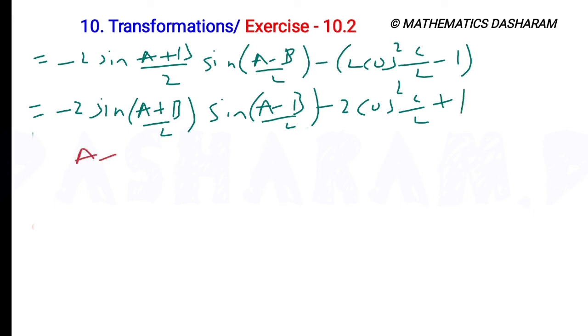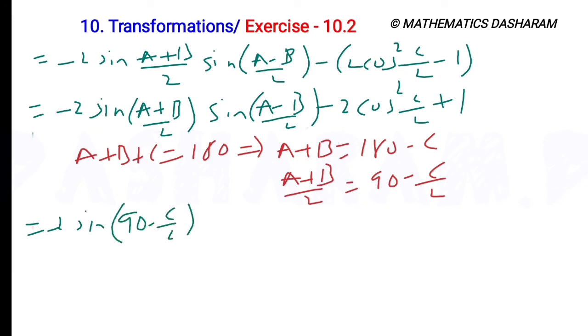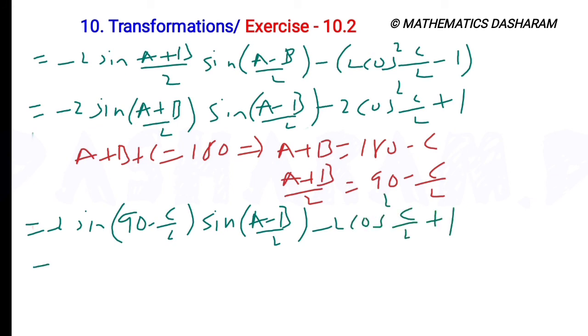So in the question given that A plus B plus C equals 180, from this A plus B equals 180 minus C, so then (A plus B)/2 equals 90 minus C/2. So it is equal to minus 2 sin, here (A plus B)/2 can be written as 90 minus C/2, into sin (A minus B)/2 minus 2 cos square C/2 plus 1.